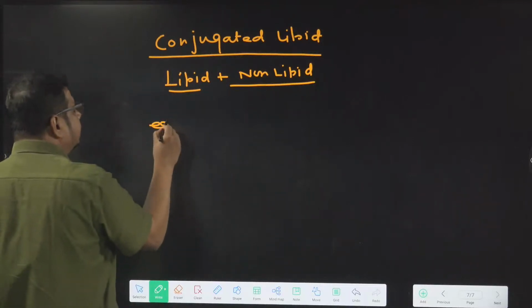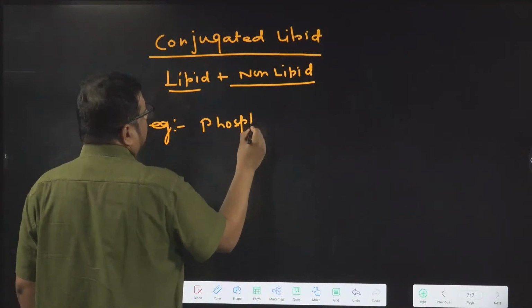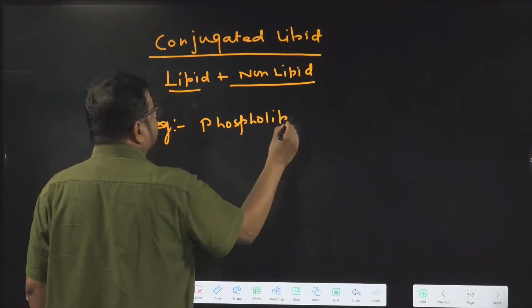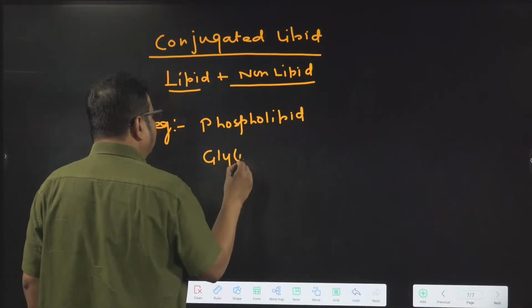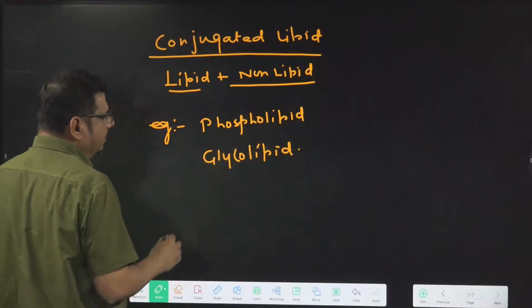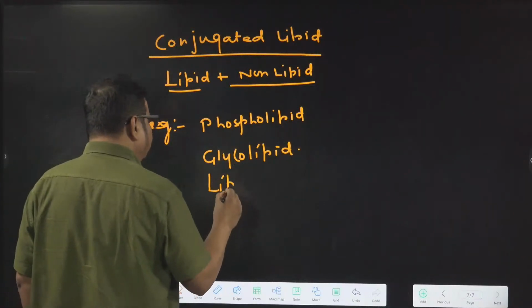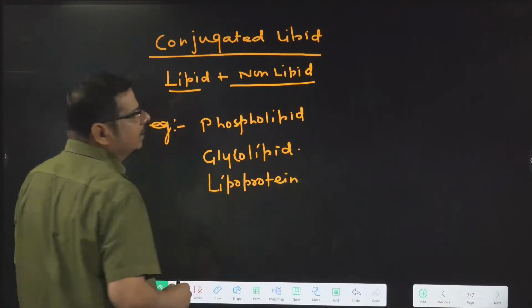I am just writing examples. Phospholipid is an example of conjugated lipid. I am writing glycolipid. Glycolipid is a conjugated lipid. I am writing lipoprotein. Lipoprotein is an example of conjugated lipid.